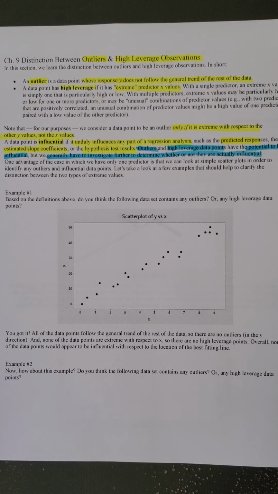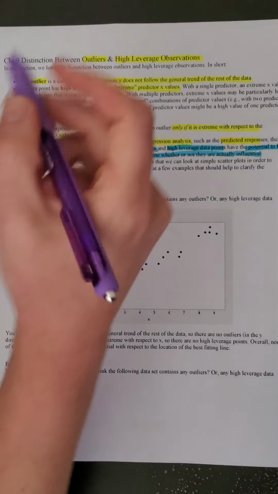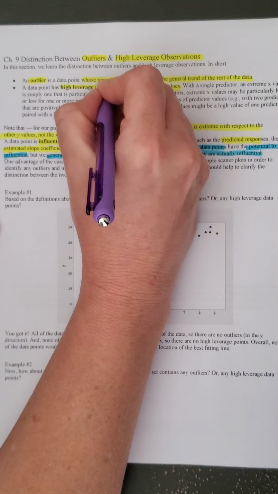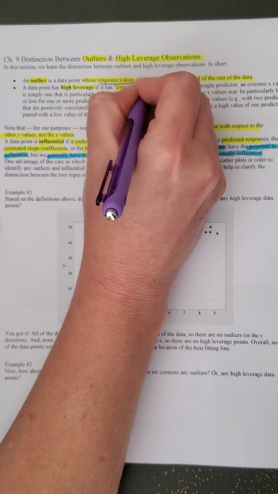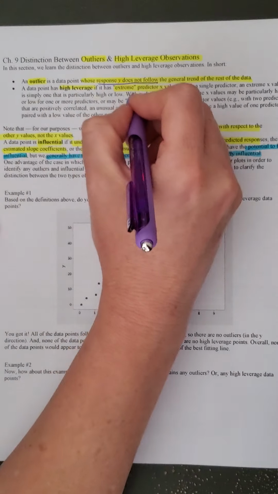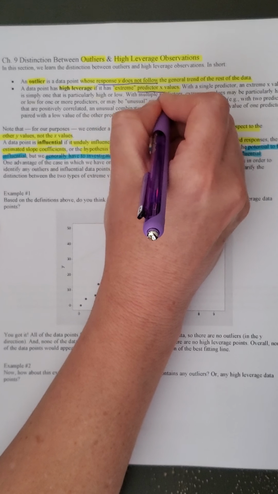Let's take a look at a few examples that should help us to clarify the distinction between those two types of extreme values. So example 1, based on the definitions above, do you think that the following data set contains any outliers or any high leverage points? So remember, an outlier will be one whose Y response does not follow the pattern, but a high leverage point will have extreme X values.